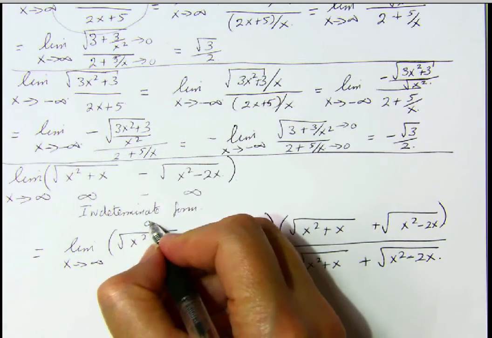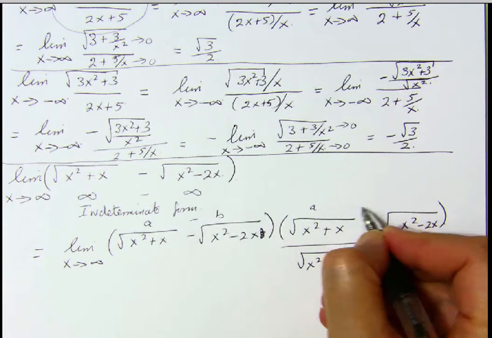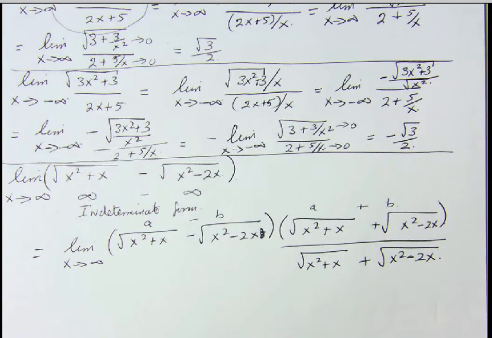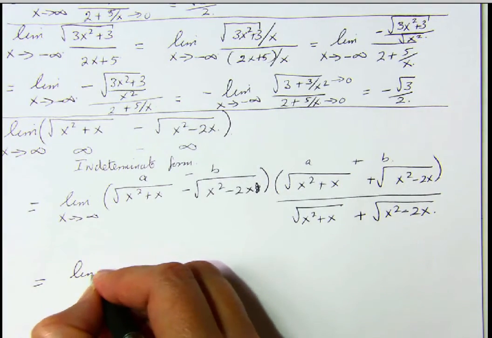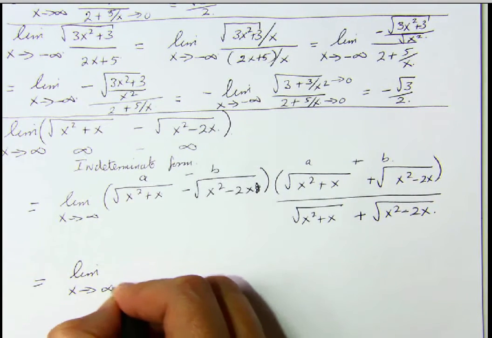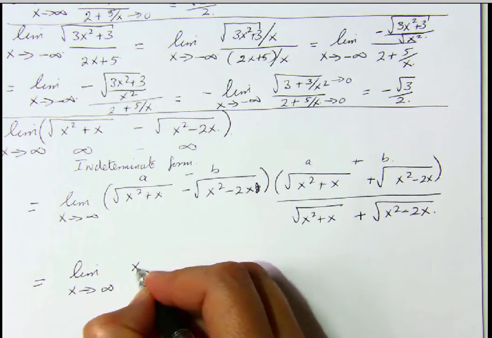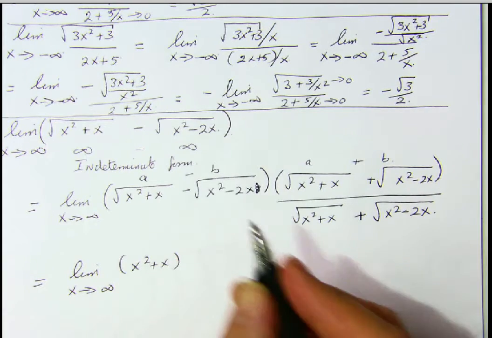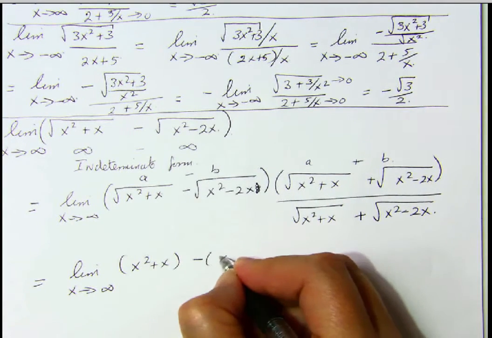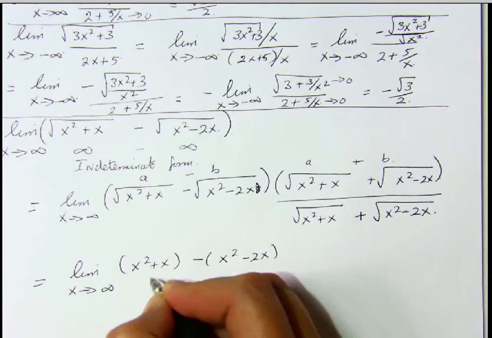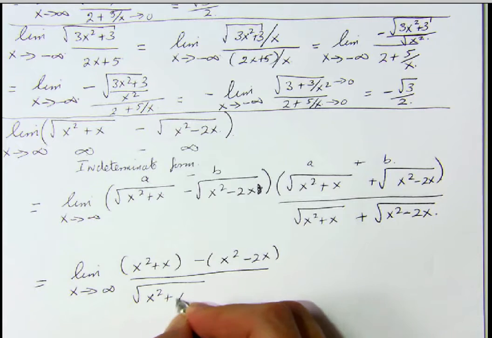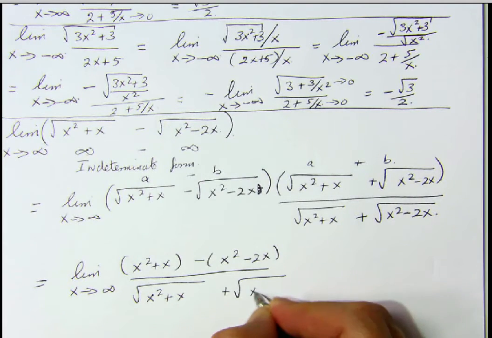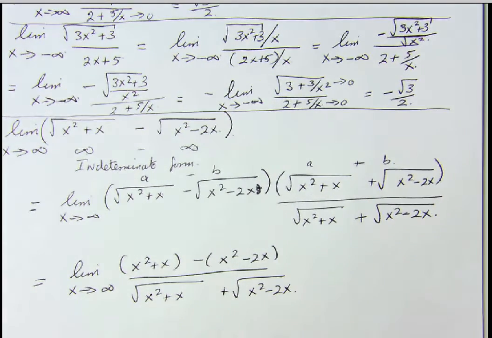Now this is of the form a minus b times a plus b, and of course that becomes a squared minus b squared. So this is equal to the limit as x goes to infinity of a squared, which is x squared plus x, minus b squared, which is minus x squared minus 2x, all over the denominator here, which is the square root of x squared plus x, plus the square root of x squared minus 2x.